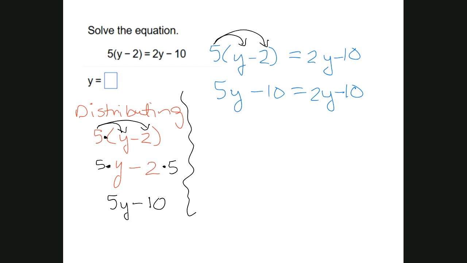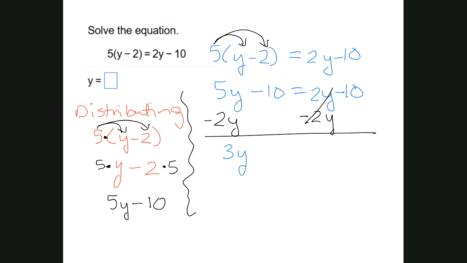So I'm going to focus on my variable terms and move my smaller y value, which happens to be the 2y. So positive 2y, the opposite of positive 2y is negative 2y. I'm just going to add vertically. 5y minus 2y is equal to 3y.